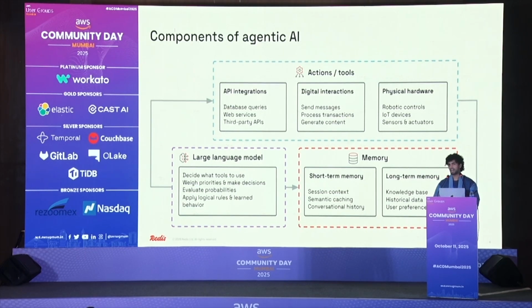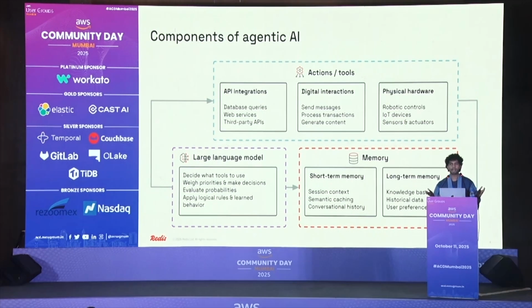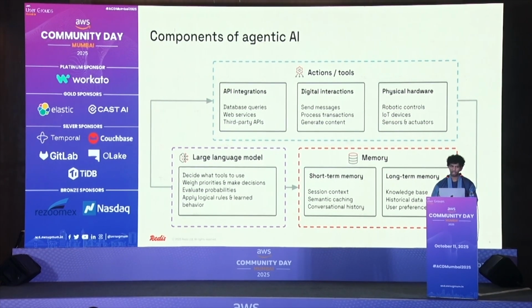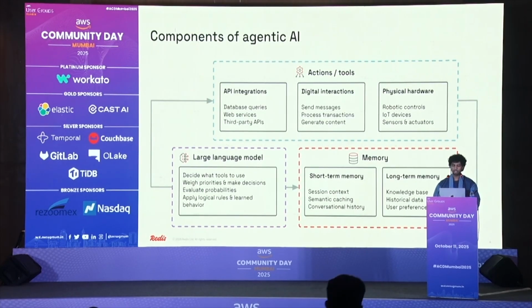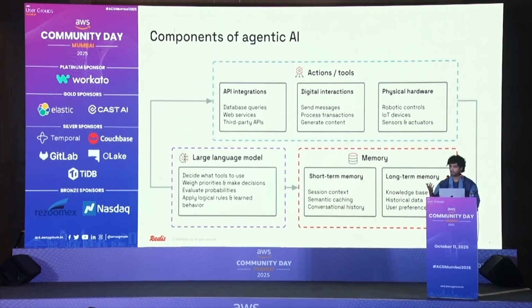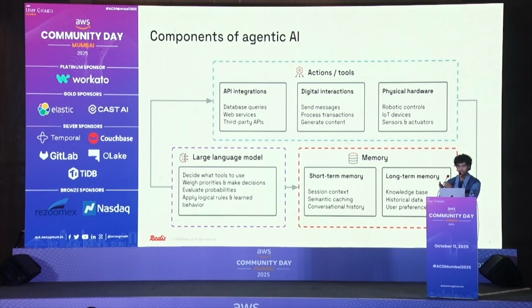If you take a travel agent example, short-term memory knows that you're currently planning a trip to Mumbai or Pune or Bangalore. Long-term memory knows that you prefer window seats, you're probably vegetarian, or you always prefer morning flights. So short-term memory is going to be session-specific, and long-term memory is going to persist across sessions, right?